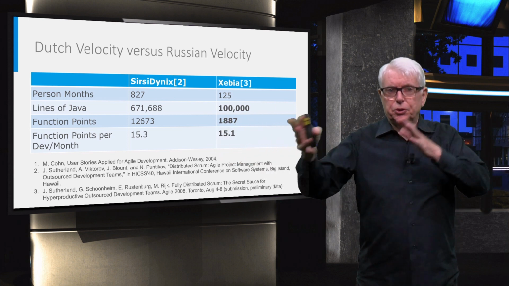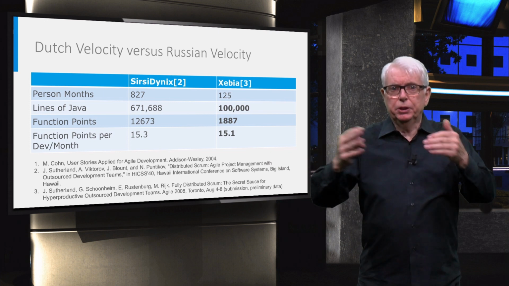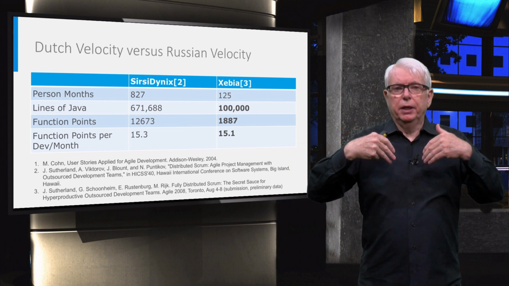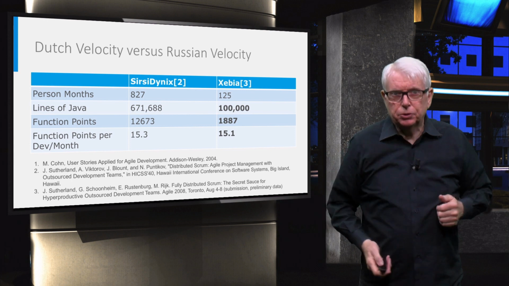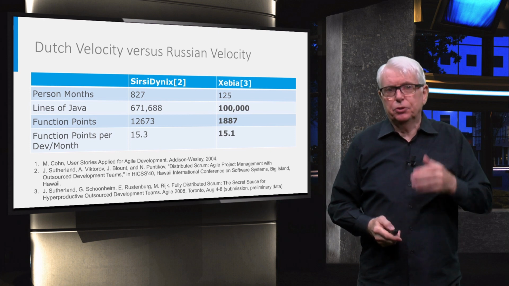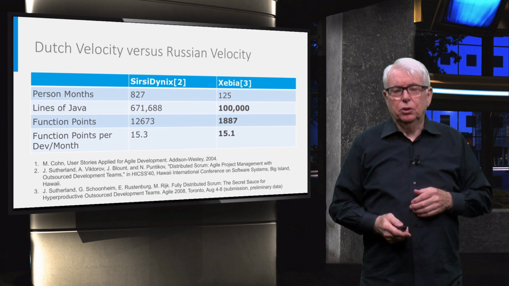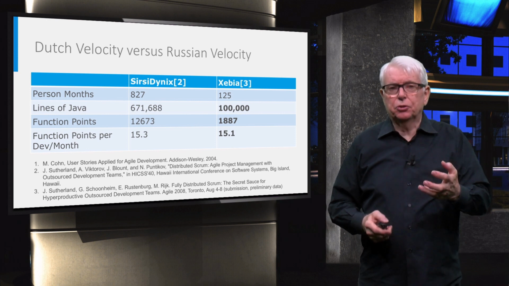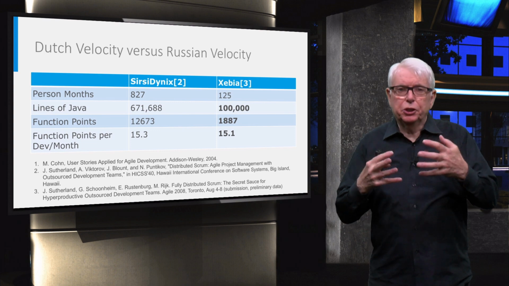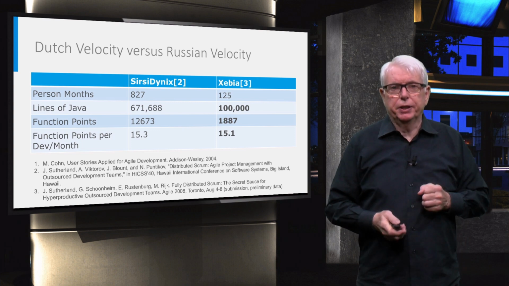Then they made sure there were the same tools and technologies remotely and locally, and ran this model, and were able to achieve the same results as the Circe Dynix project. So to understand how to distribute Scrum, it's a really good idea to read these two papers on how it works.